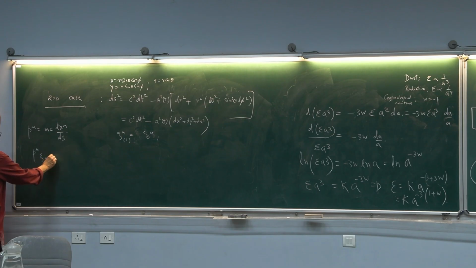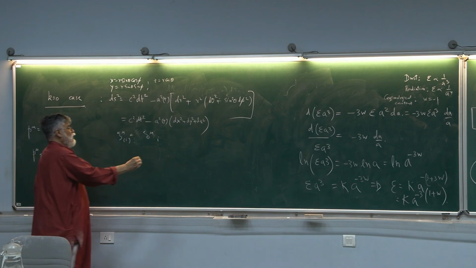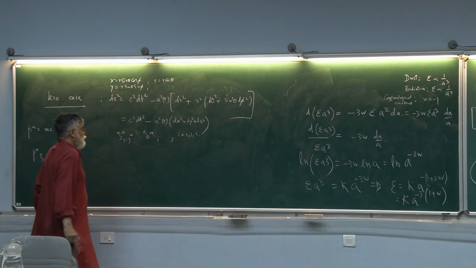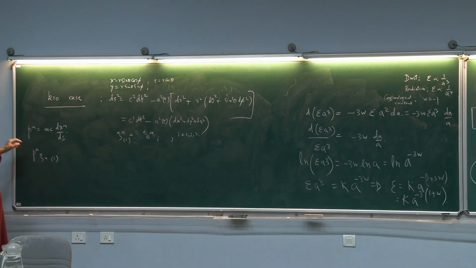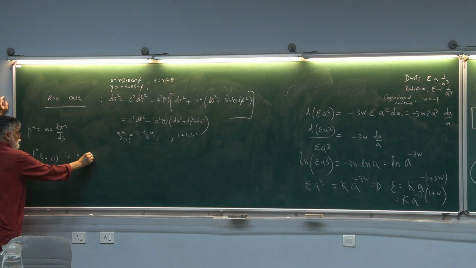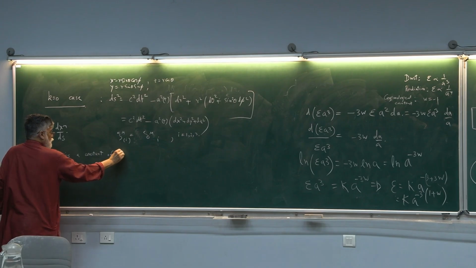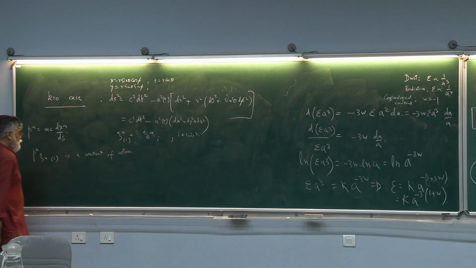So there should be 3 constants of motion for I going from 1 to 3. Okay. That means as you move along the geodesic, P mu xi mu of I for I equal to 1 to 3 is a constant of motion.